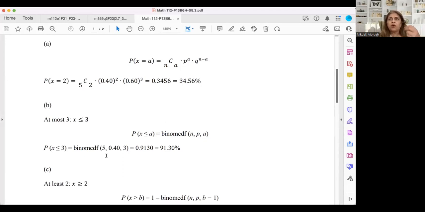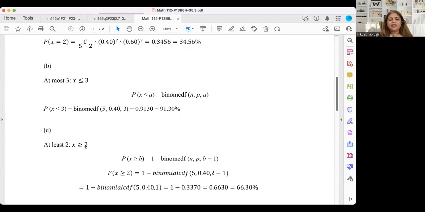It calculates all the probability starting from 0 to that number 3. But when you have at least, you have to do a little bit of switching. You have to use the complement formula.